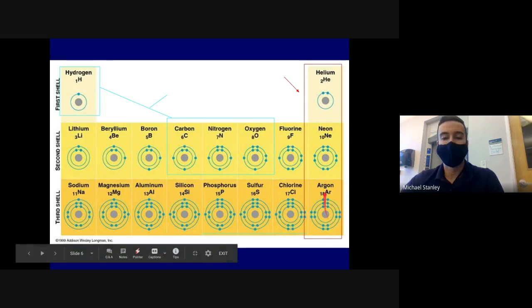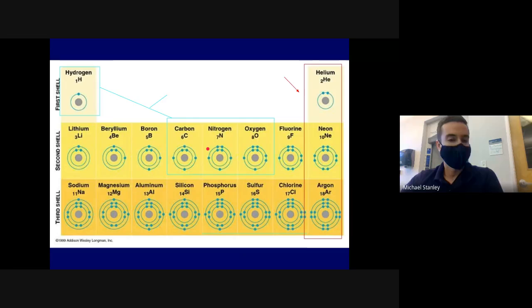So they don't want to mix with any other atoms. They're totally happy. They've got all the electrons they need, so they're not going to be doing any reacting. So, valence electrons on the outer shell. The octet rule says that we want 8 on there, or at least a full outer shell.